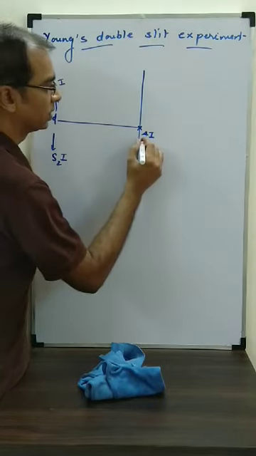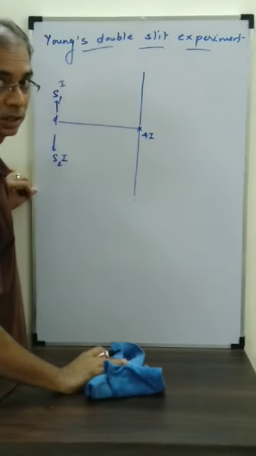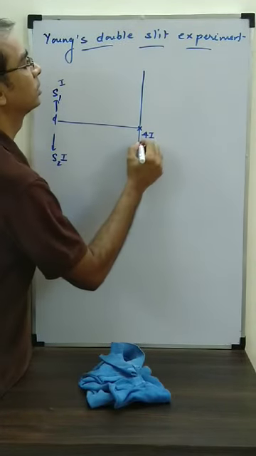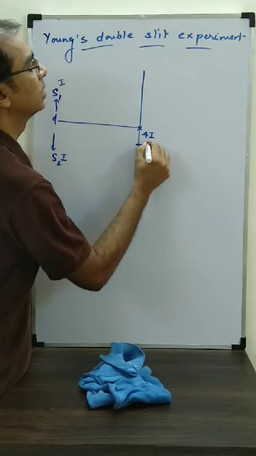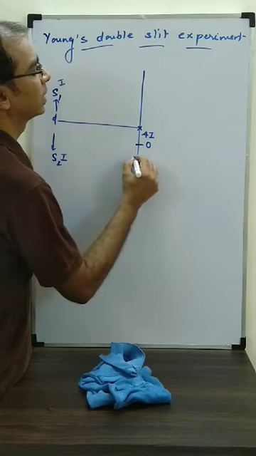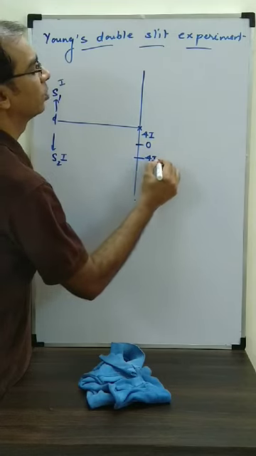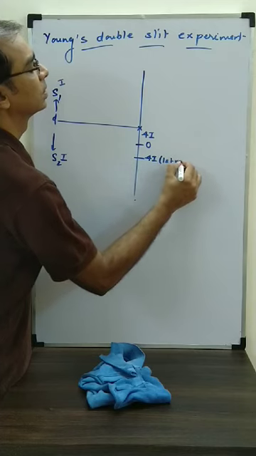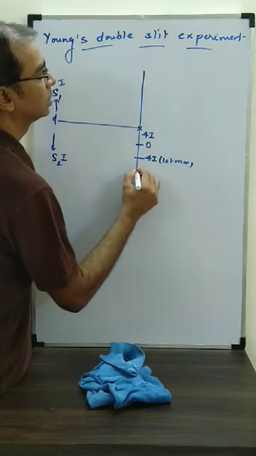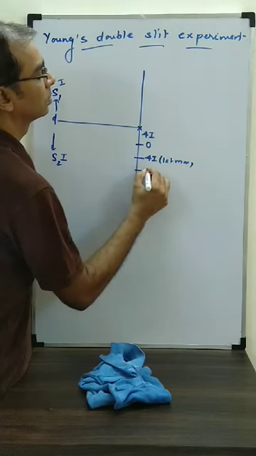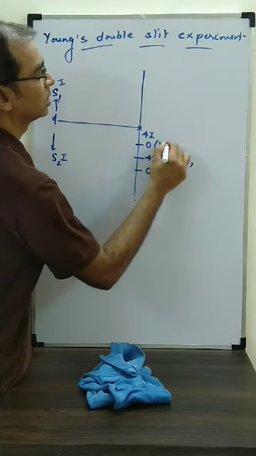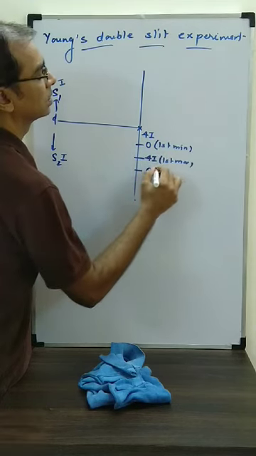Below the central maxima comes the first minima, so the first minima intensity is 0. Then comes the first maxima, where the intensity again becomes 4I. Then again 0, because this is the second minima.